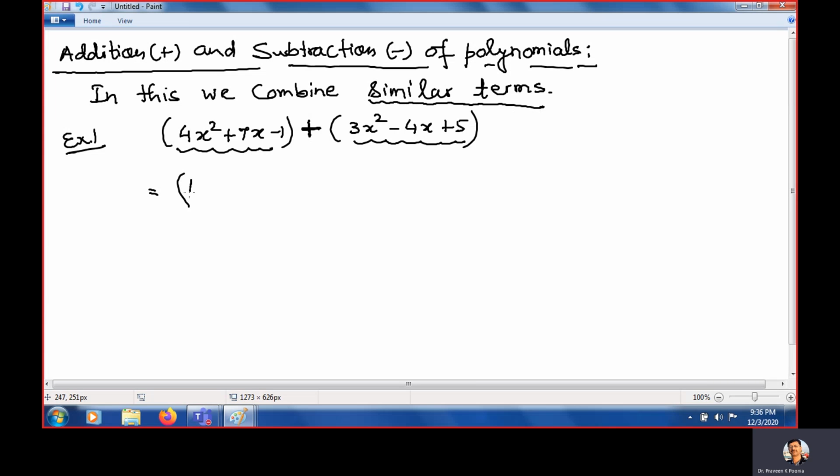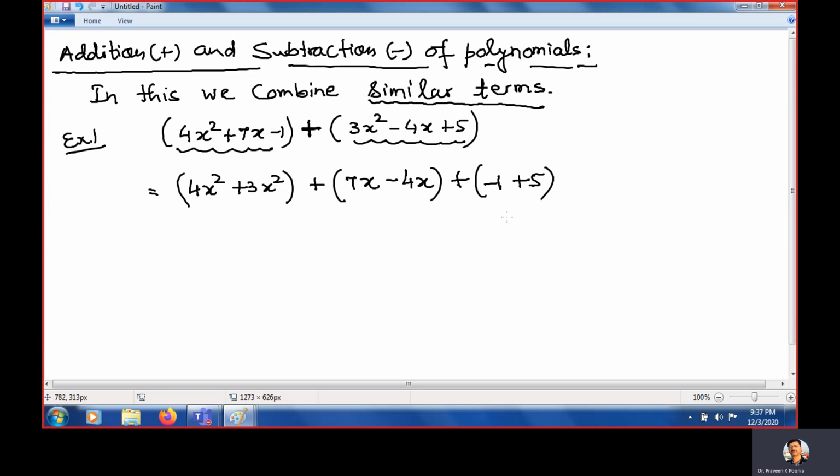So this is 4x power 2, this is plus 3x power 2. Now plus, it is plus 7x, this is minus 4x. Now plus, this is minus 1 and this is plus 5.